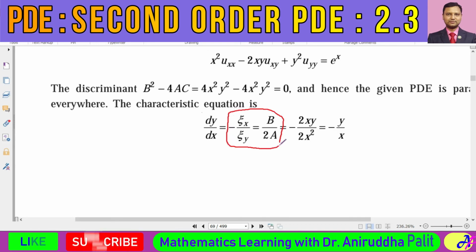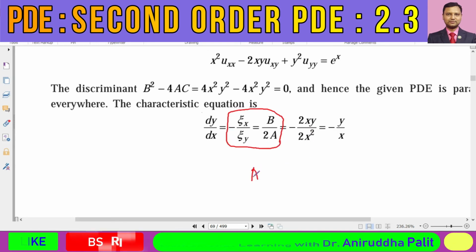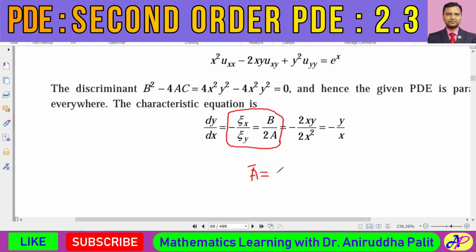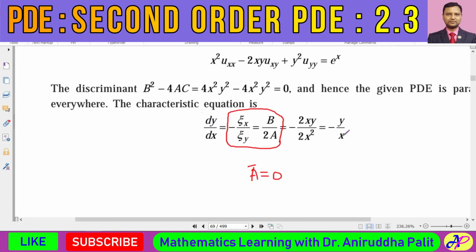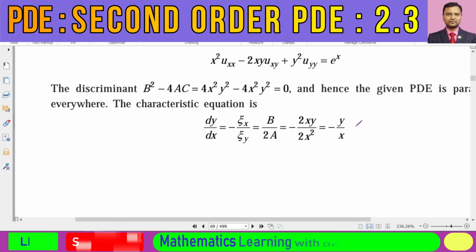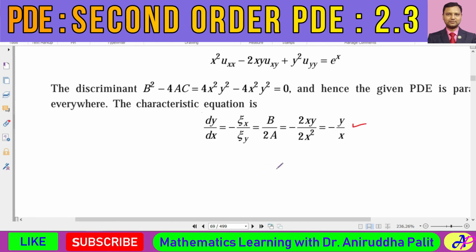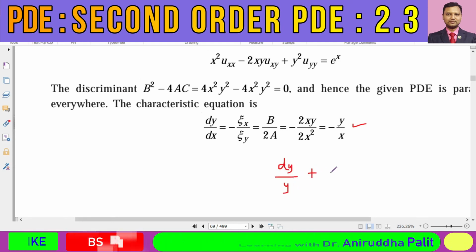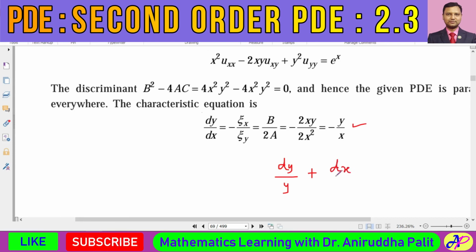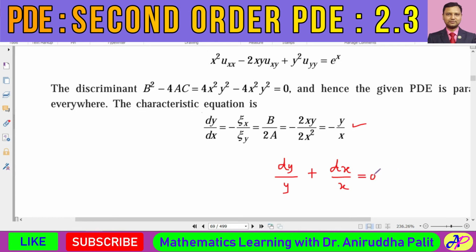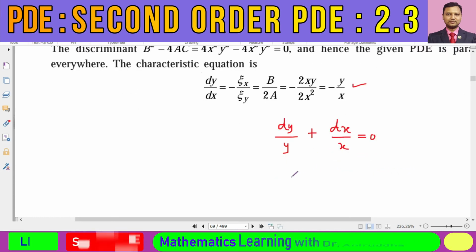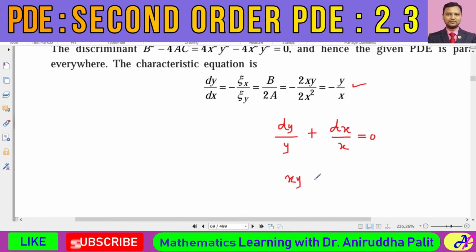So this is the expression we have from the relation that a bar is equal to 0. And from this relation we can compute the expression of dy dx. Ultimately by computation, dy dx is equal to y by x, and so we can write dy divided by y plus dx divided by x is equal to 0. And after integration it would be xy is equal to some constant, maybe c1.